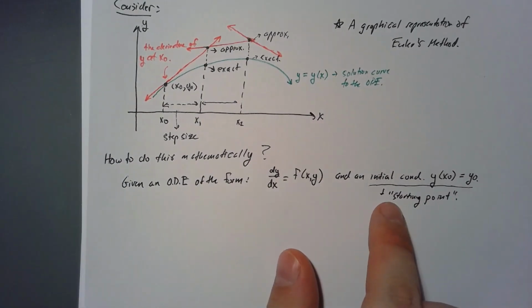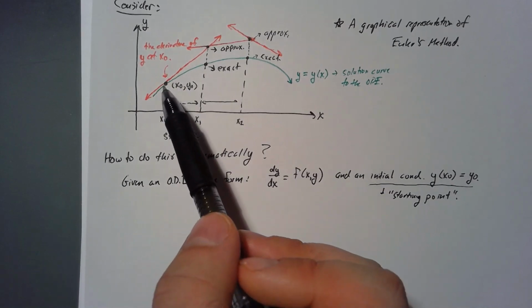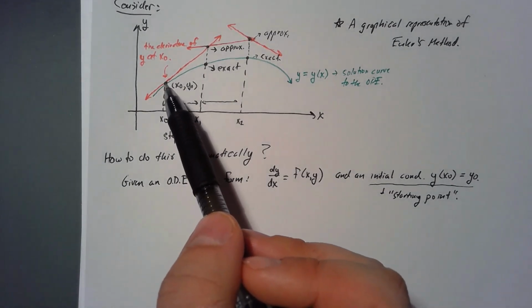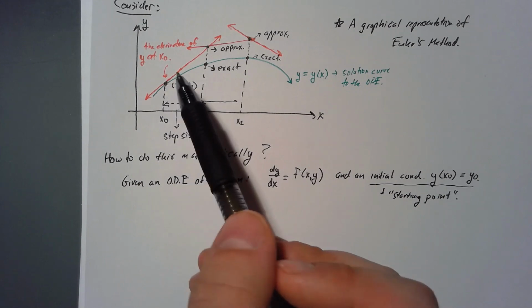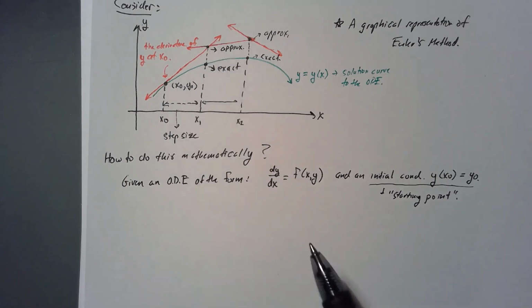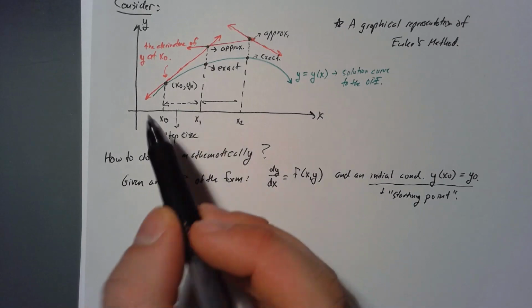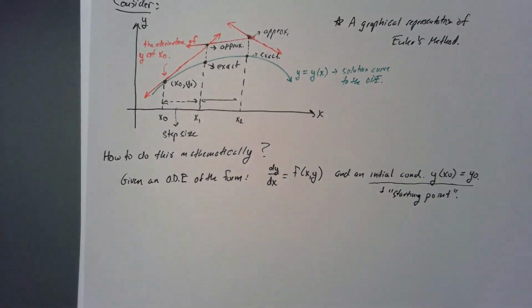well, what do I know about the curve here? And so what is the derivative at this point? It's the slope of the tangent line, isn't it? So we can approximate this using the slope of the tangent line.